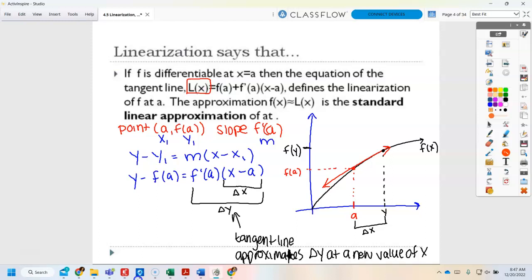We talk about linearization after we talk about sketching curves, so you have an understanding of concavity. So I talk about curve sketching, then we talk about linearization, because we use the ideas of linearization with curve sketching.